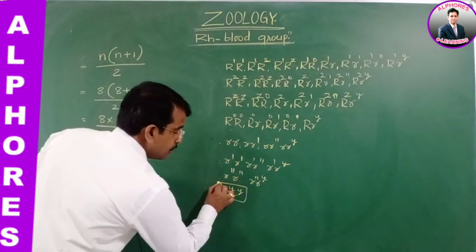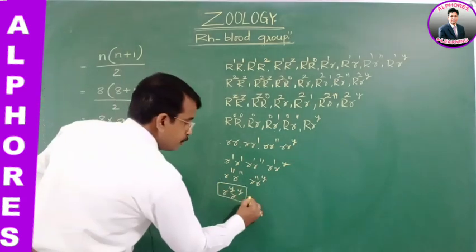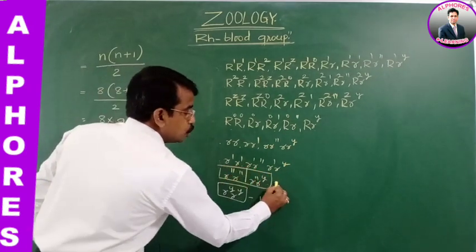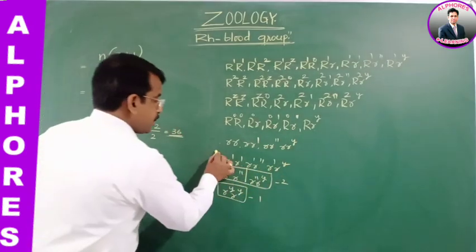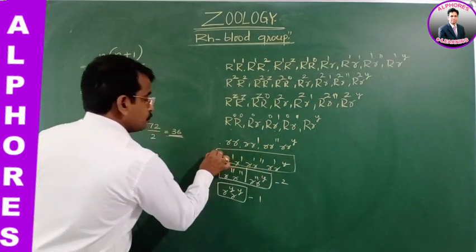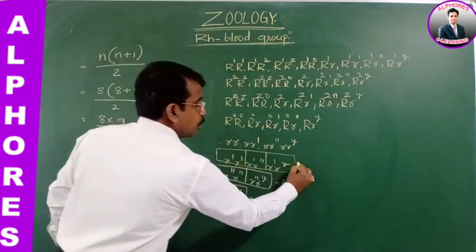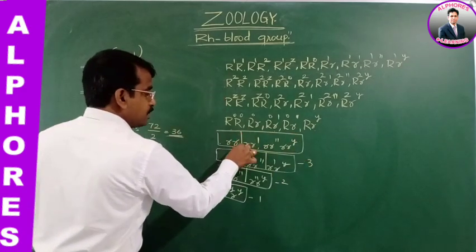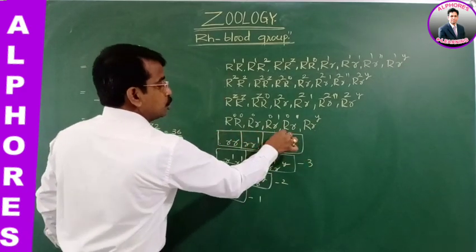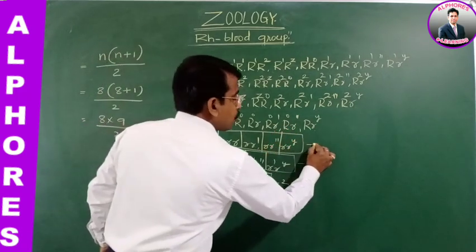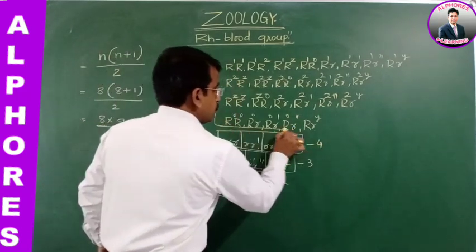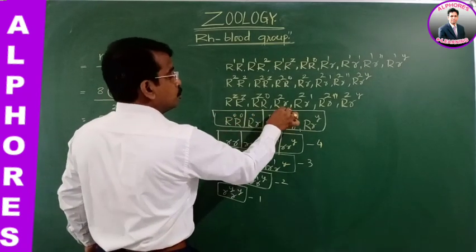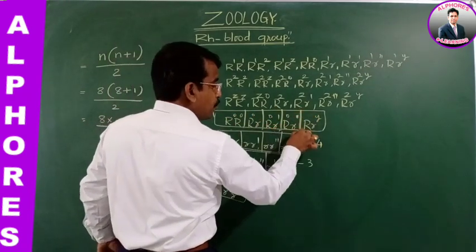1, right? Then here 2, right? Next here 3, 1, 2, 3, right? Next 4, 1, 2, 3 and 4, right? Next 1, 2, 3, 4 and 5.